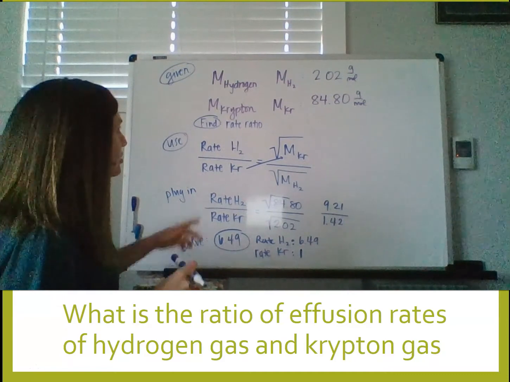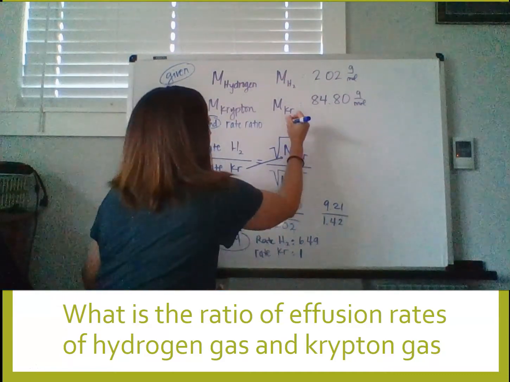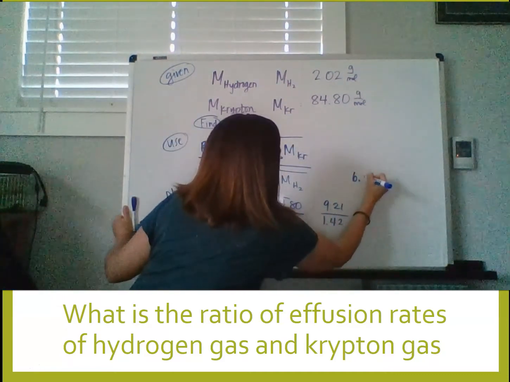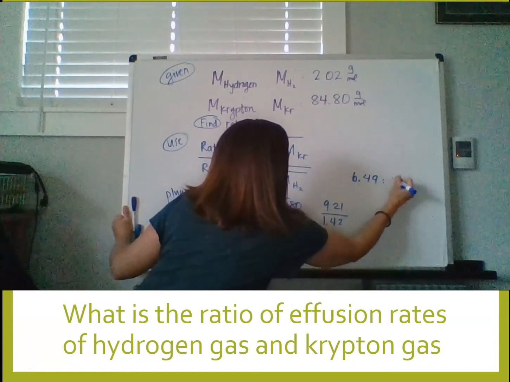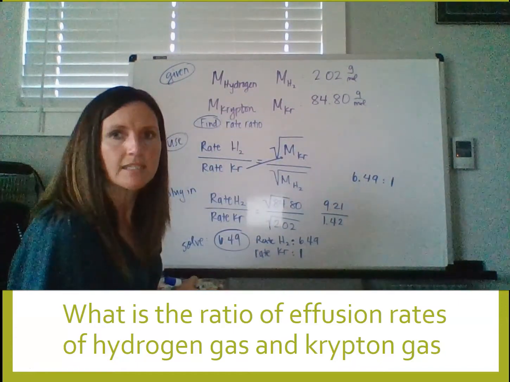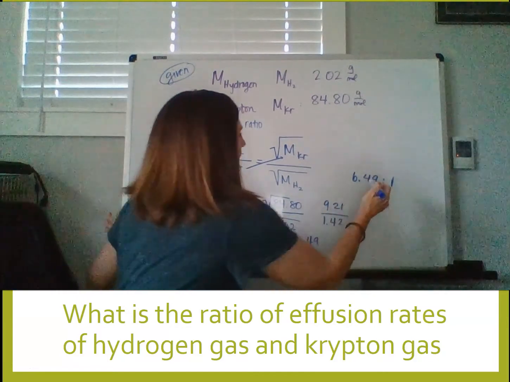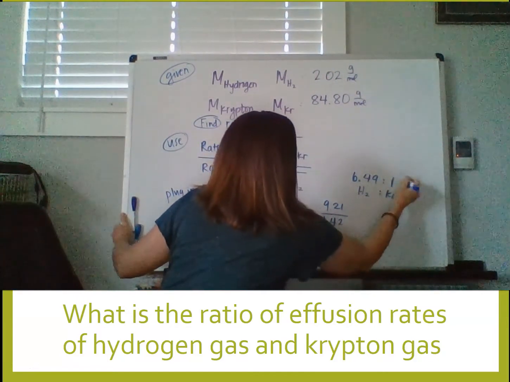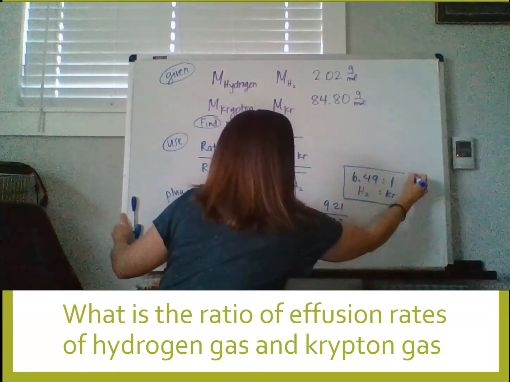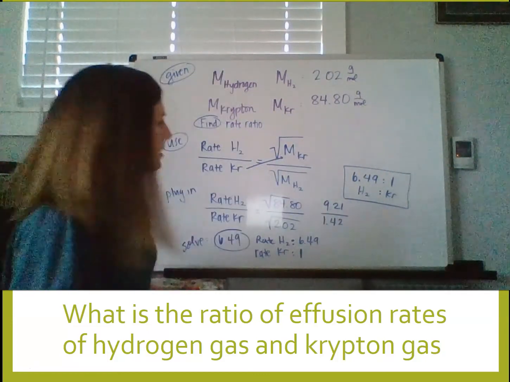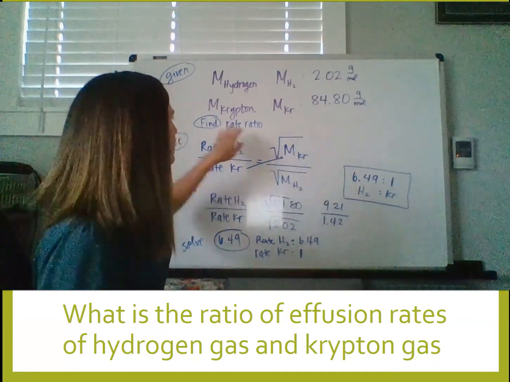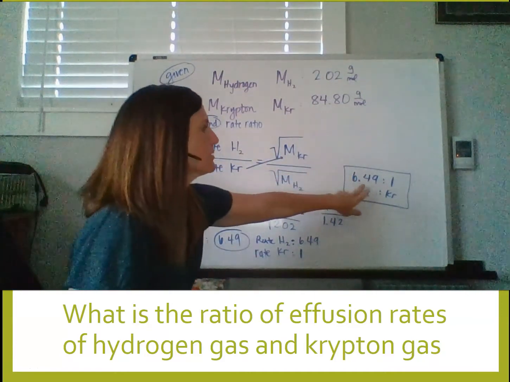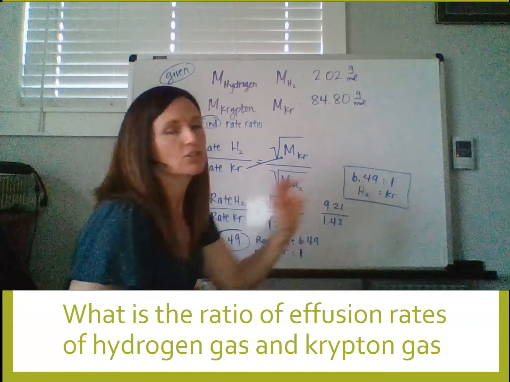Or you could say the ratio of the rate would be 6.49 to 1, if that makes sense to you, writing a ratio like that, that would be H2 to krypton. And actually, this would be the best way to write your answer, to say that the ratio of the rate is 6.49 to 1 from hydrogen to krypton.